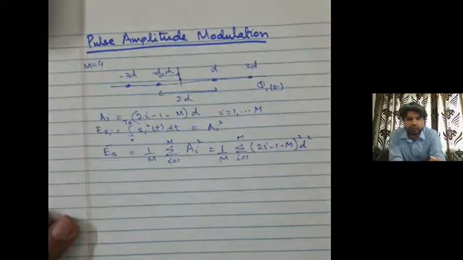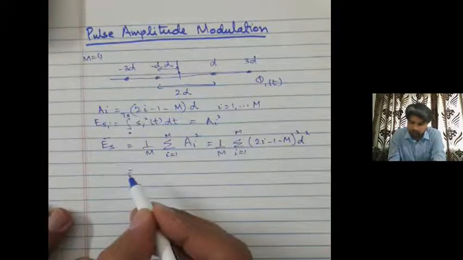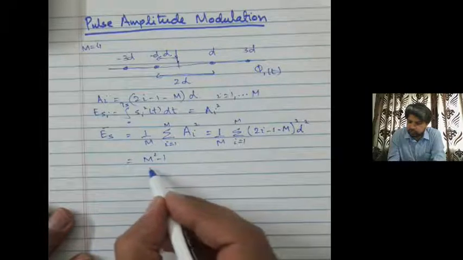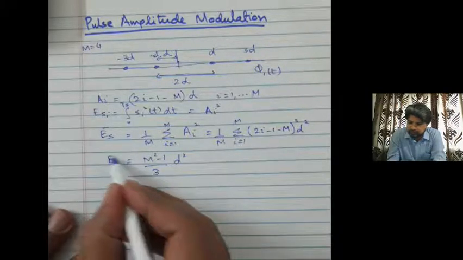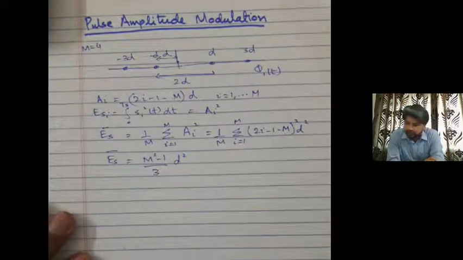So that would be your average symbol energy. If you simplify it further, that would be equal to (M squared minus 1) over 3 times d squared. This is your average symbol energy, and we'll make use of that when we compute the error probability.